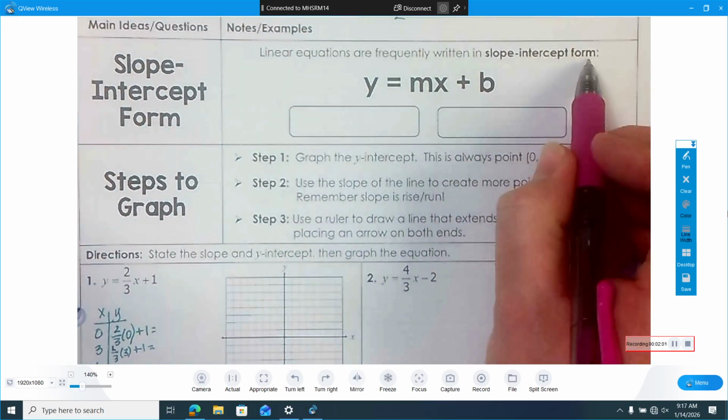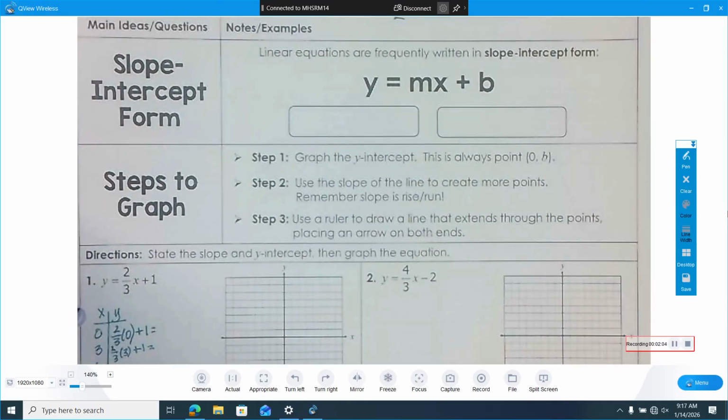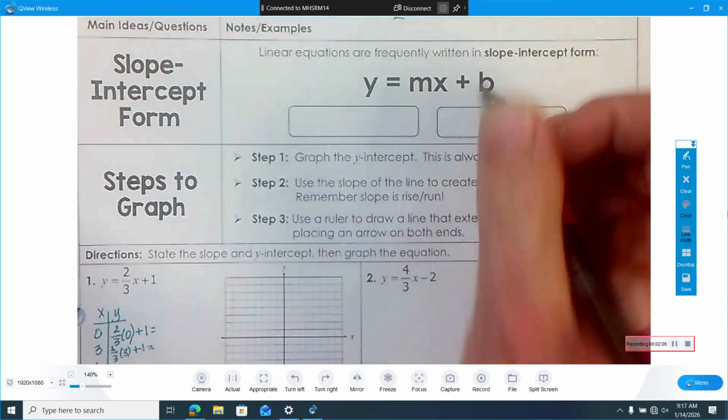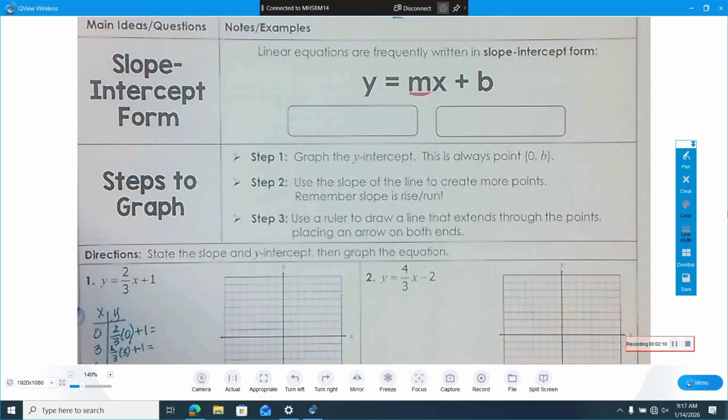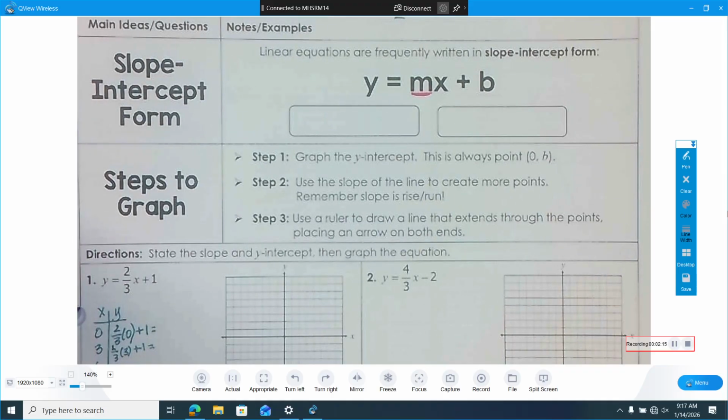This is called slope-intercept form, and it's called slope-intercept form because what's this letter represent? What's the m represent? Rise over run. It represents slope. Yeah.